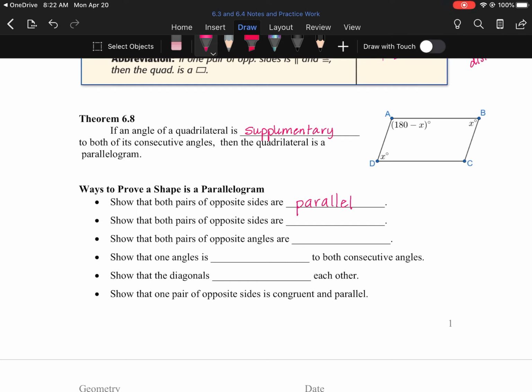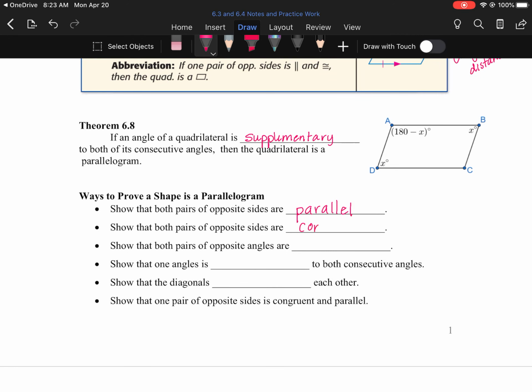We could show that both pairs of opposite sides are congruent. We can show that both pairs of opposite angles are congruent. And that one we might have to use algebra. We could show that one angle is supplementary.